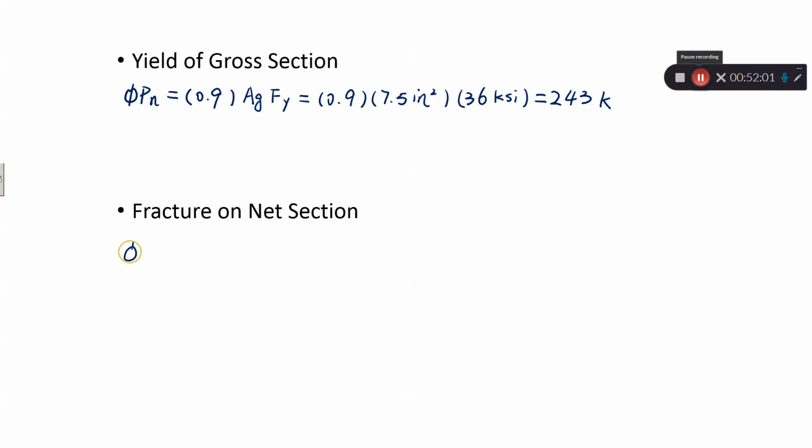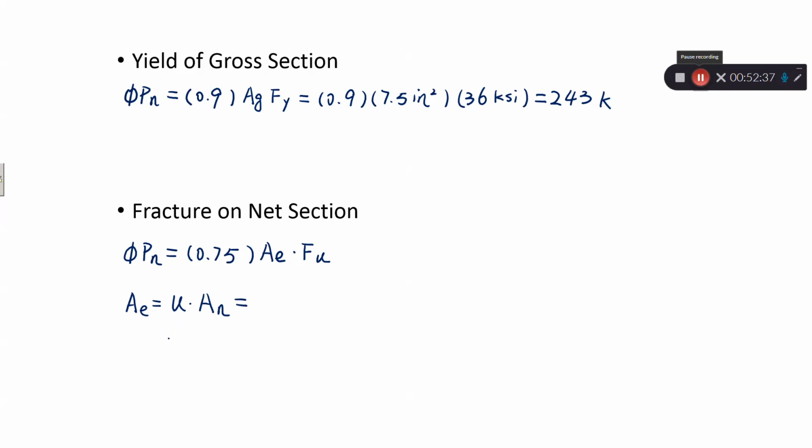Okay, and fracture on net section. In this, the equation for phi Pn, this phi is gonna be different. Okay, it's 0.75 times your AE times FU. All right, and this AE equals U times AN. Okay, because this is the single plate, means that you only have one element.